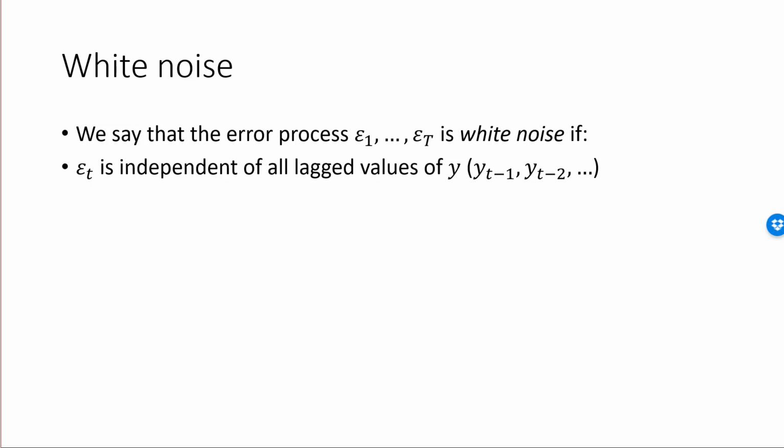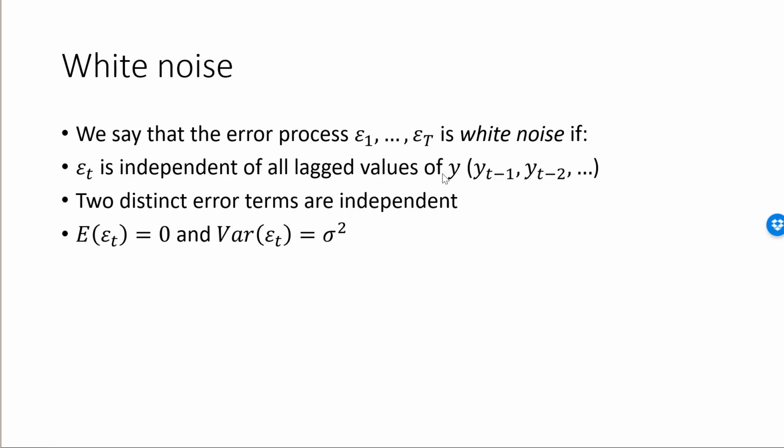Second, if you look at two distinct error terms, that is two error terms at two different points in time, they will be assumed to be independent. From this, it follows that this error process will be non-autocorrelated. No autocorrelation in the error process.